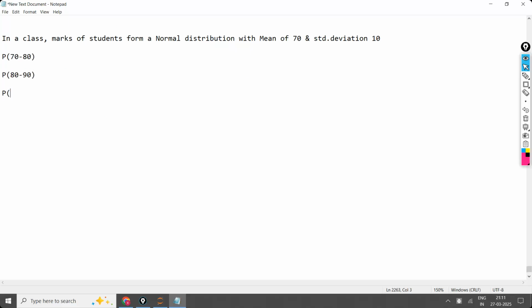Probability of greater than 90, or 90 to 100. Next, probability of 60 to 70. Probability of 50 to 60. And what is the probability of 40 to 50?